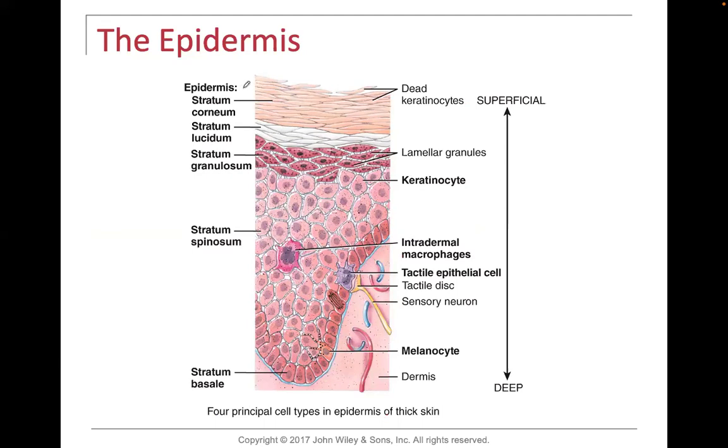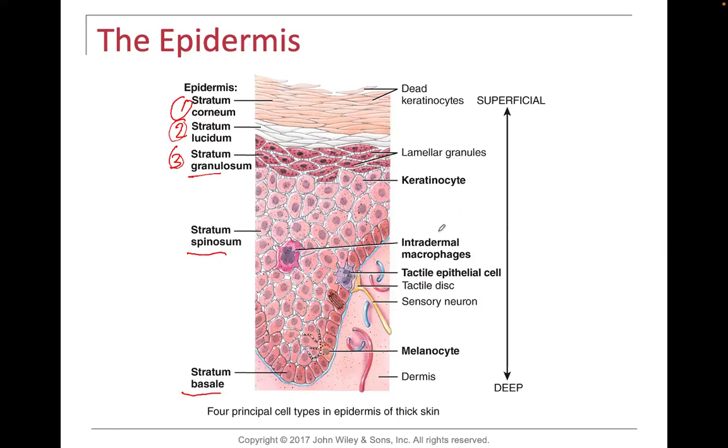Again, from superficial to deep, this is just another picture showing those same layers. The epidermis is the top five layers microscopically: the stratum corneum; the stratum lucidum, lucid meaning clear; stratum granulosum, granular, see all these granules here; spinosum because it looks spiny; and then the stratum basal layer, the basement, where we have all these stem cells down here.